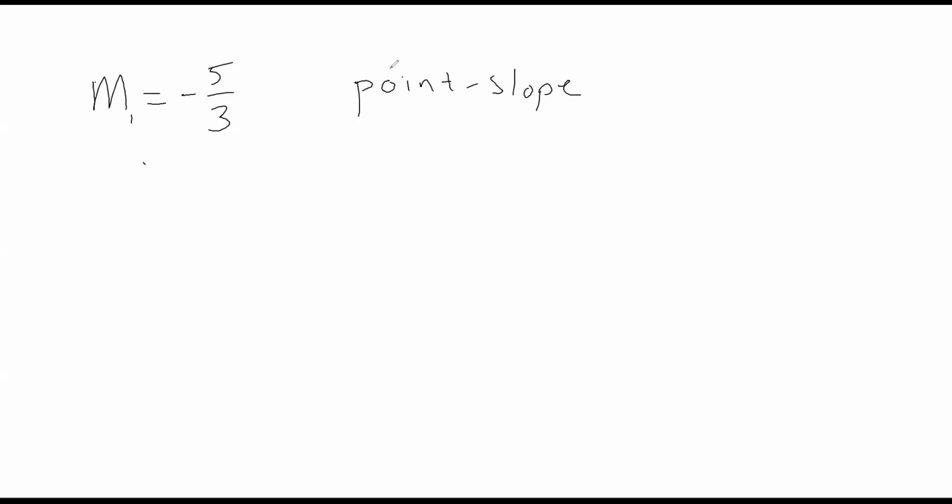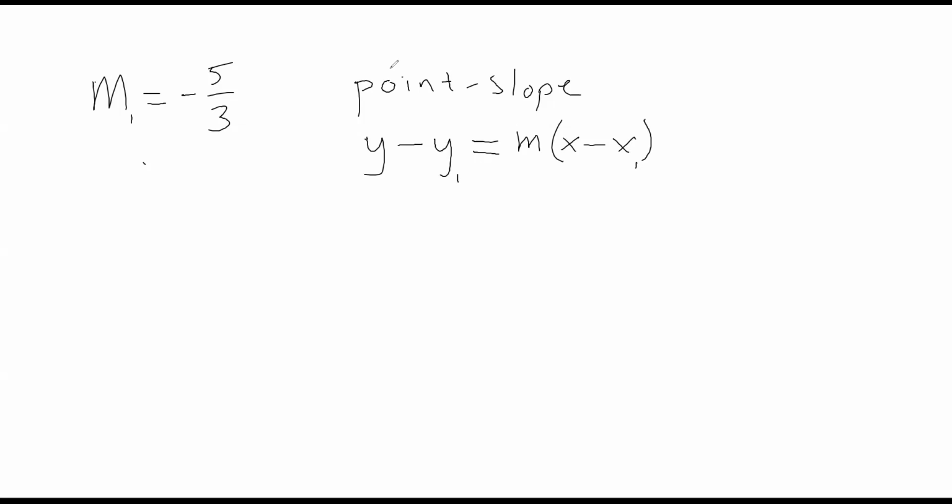But anyway, the point slope form says that if you take the generic y value, y standing for any possible y that works here, minus a particular y value, usually called y sub 1, that's equal to m times the generic x value minus a particular x value, x sub 1.